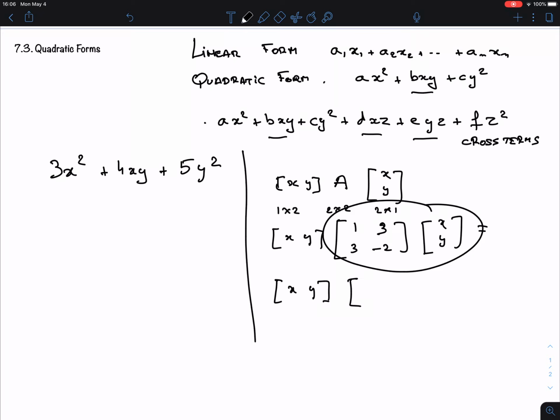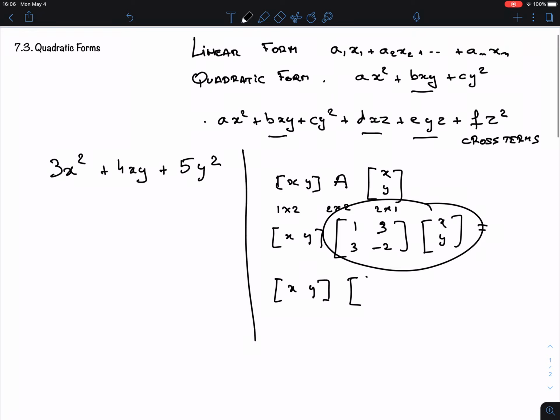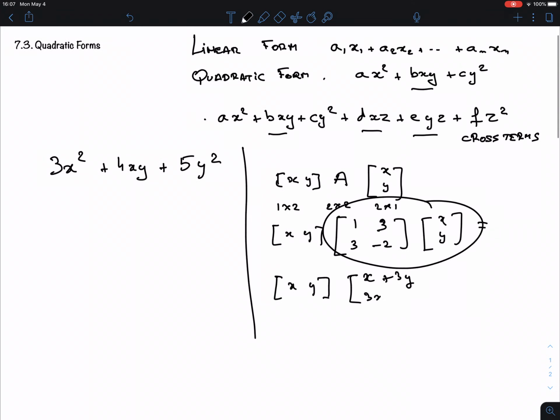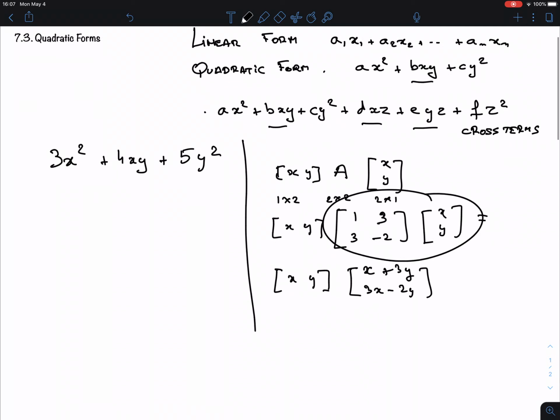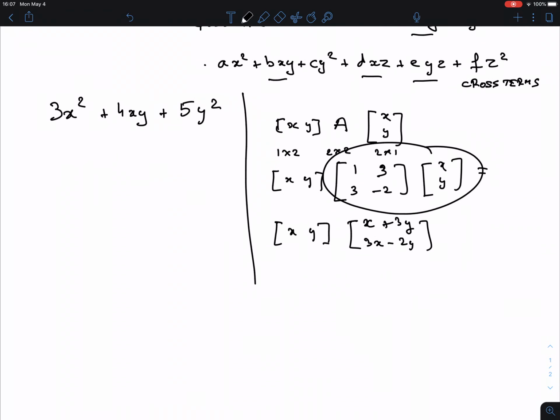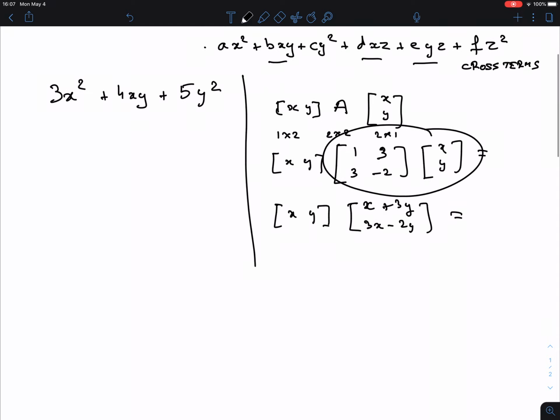So that would be x plus 3y, that's the first one, and the second one will be 3x minus 2y, right? So this is what we normally do to get from a linear system of equations the coefficient matrix and vice versa. But now what happens when I'm multiplying with this row matrix? Okay, so that means I have to multiply the first two elements, that's this, plus the second two elements.